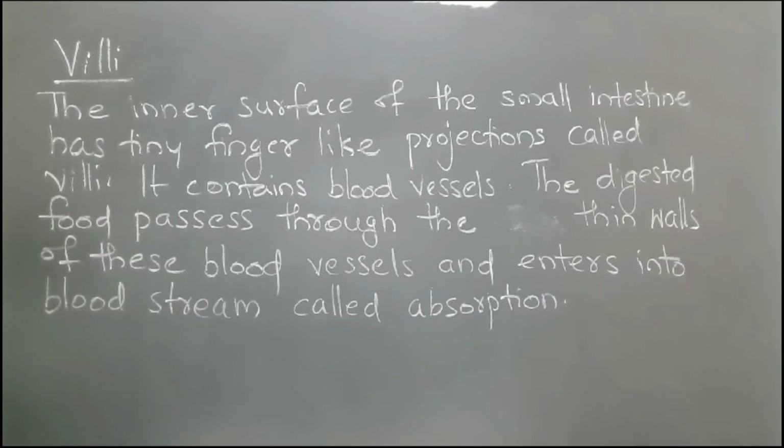The size of the villi is 0.5 millimeter long. They are finger-like or flattened in shape. They can increase the size by 20 times. 0.5 millimeter long in size, that can increase 20 times.